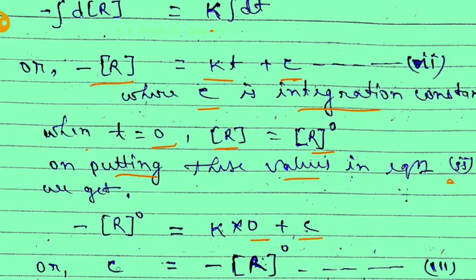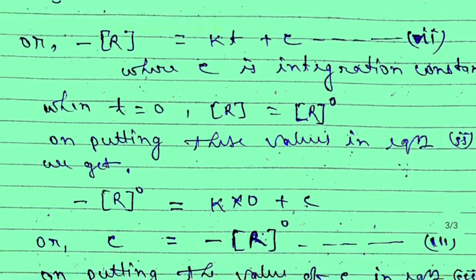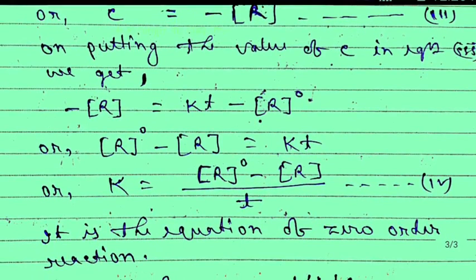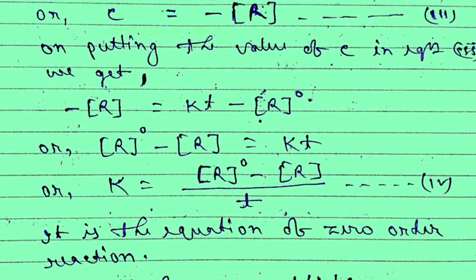So C is equal to minus [R]0. Let it be equation 3rd.